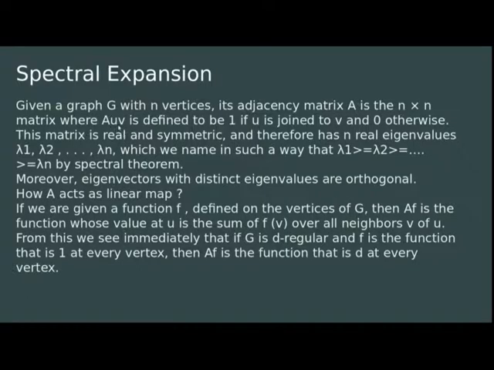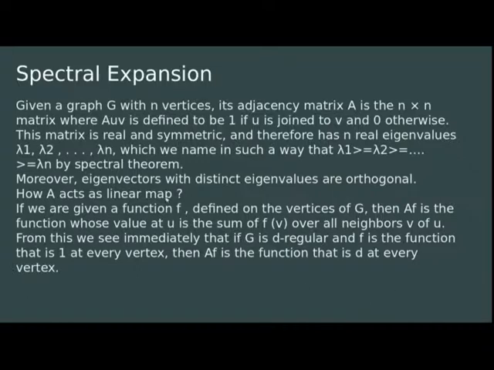This matrix is real and symmetric and therefore has n real eigenvalues lambda 1, lambda 2, and so on to lambda n, named in such a way that lambda 1 is greater than or equal to lambda 2 and so on to lambda n, which has been proved by the spectral theorem.